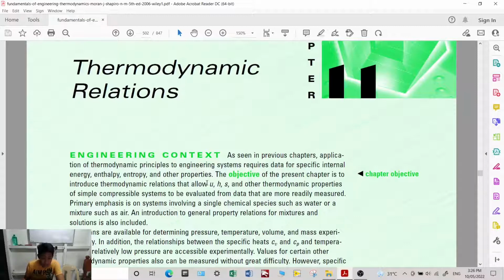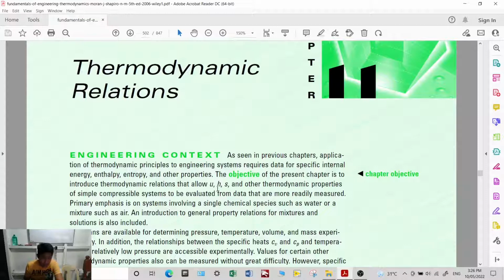So actually, you do this because internal energy is hard to get experimentally, no? It is difficult to measure because it involves many components, no?